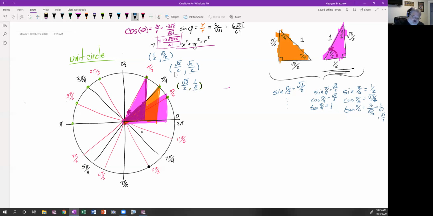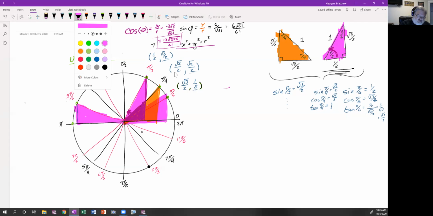Now, for these other standard angles, are we going to need different triangles? We're just going to need to flip them and rotate them and play around with them, because they're still going to fit in the same locations. That pink triangle is going to fit down here.